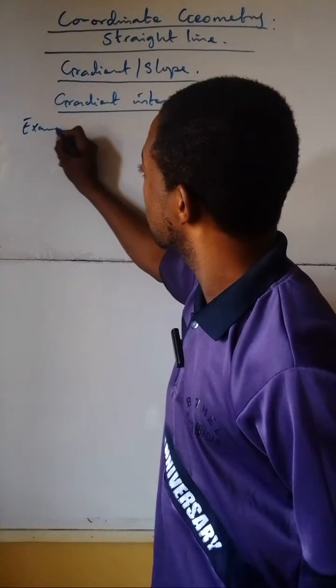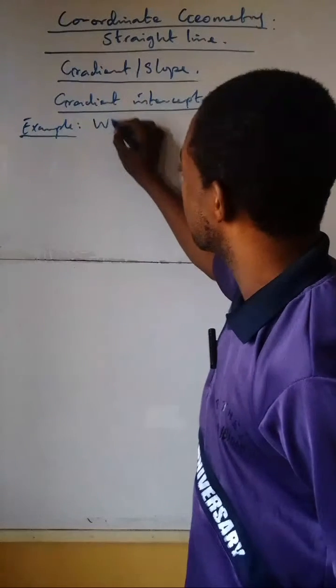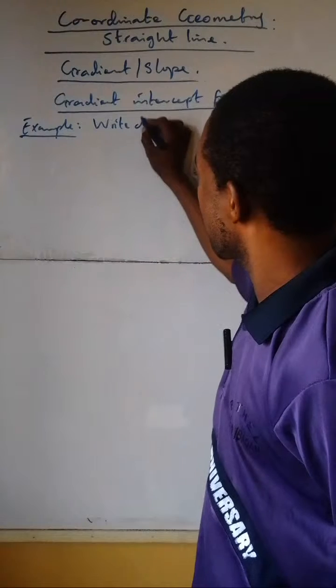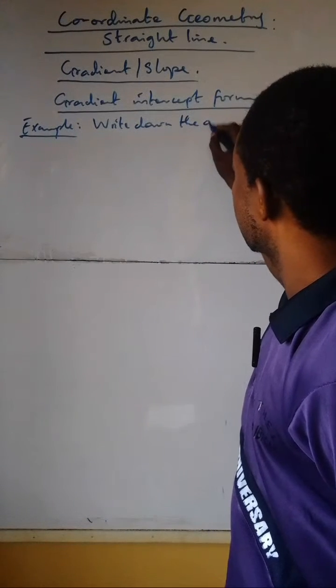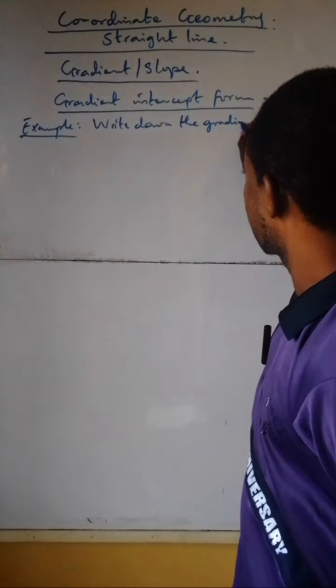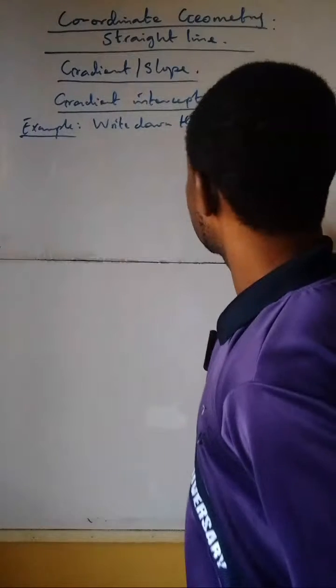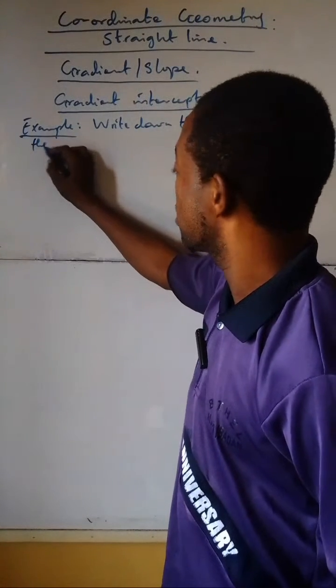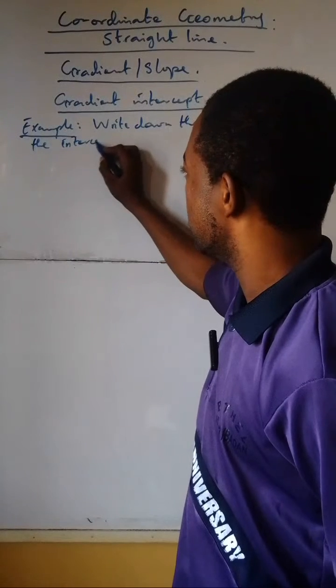Write down the gradient and the intercepts of the following equations of straight line. Let me quickly write the equation. Write down the gradient and the y-intercept, and the intercepts, not only the y-intercept.